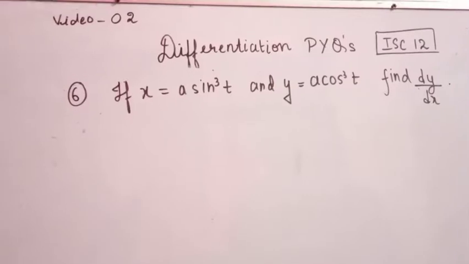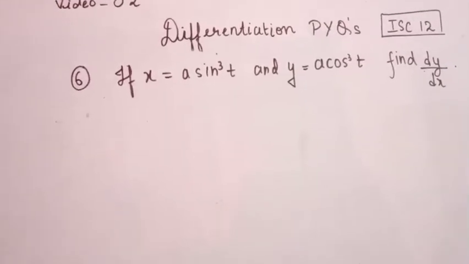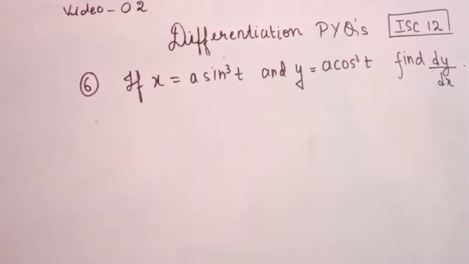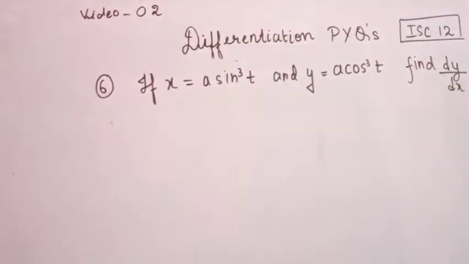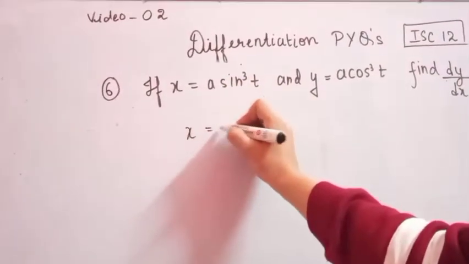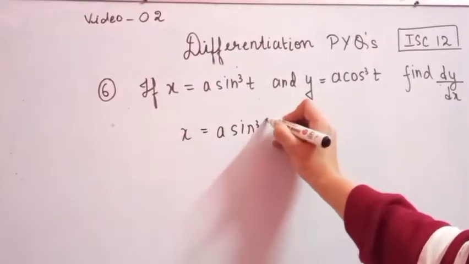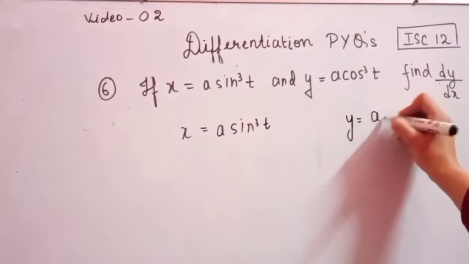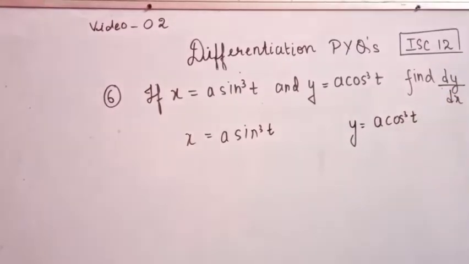So this is of the type parametric form, where we have to separately differentiate these variables, and you can see it is t, so we have to differentiate x equals to a sine cube t and y equals to a cos cube t with respect to t only.